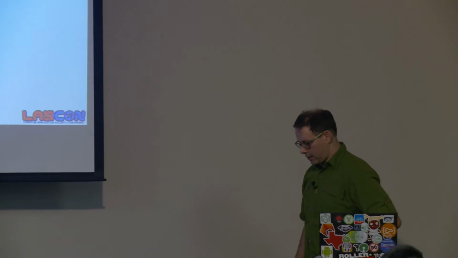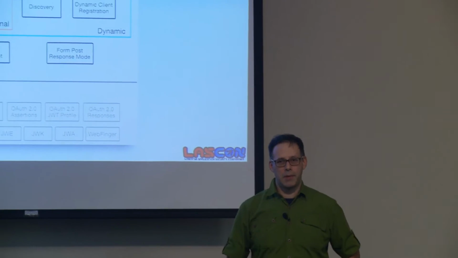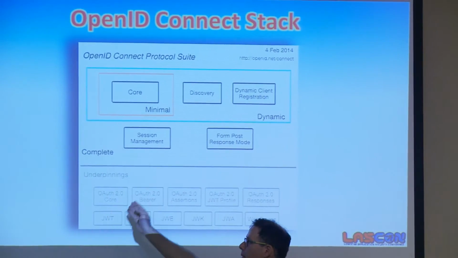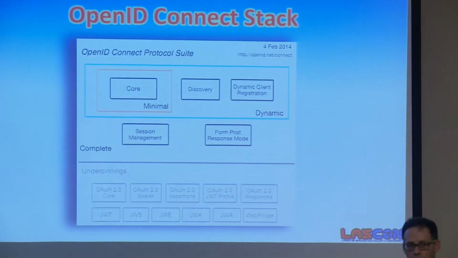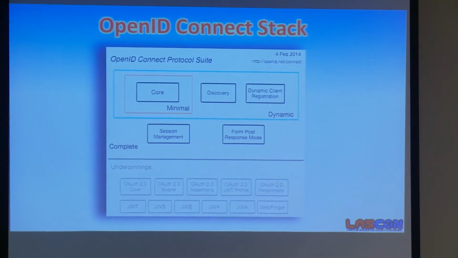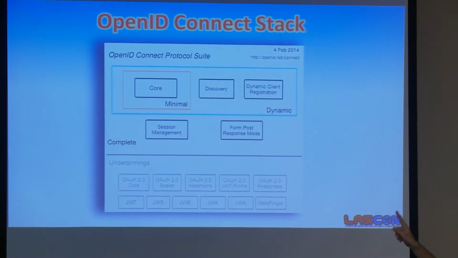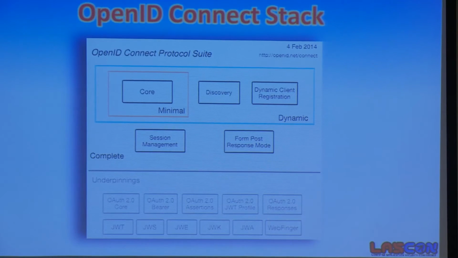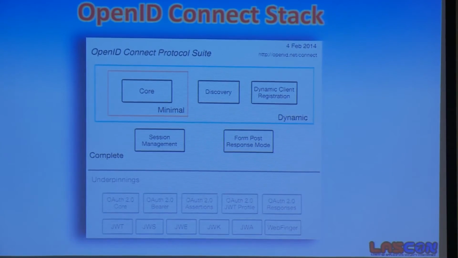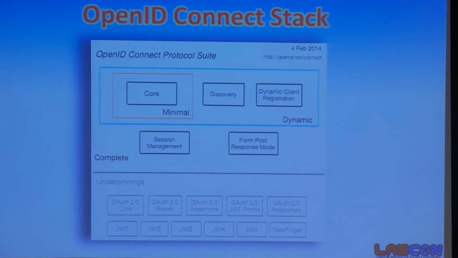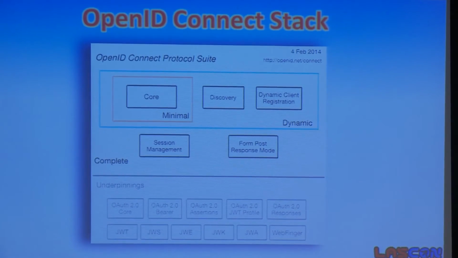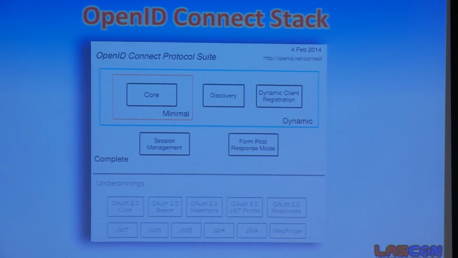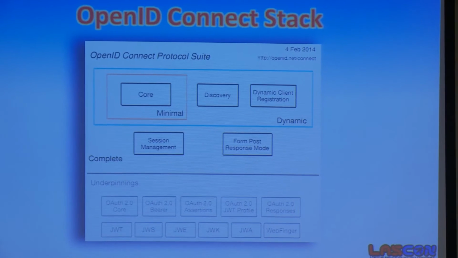So OpenID Connect, this is off their main website, openid.net/connect, and it shows you that it's OAuth 2, but it's also using some of these other standards. So it's using the JOSE suite of standards, that's JSON Web Tokens that we talked about, JSON Web Signing, JSON Web Encryption, JSON Web Keys, JSON Web Key Sets, JSON Web Algorithms, like that whole set of standards, because we didn't have enough certificate, key, and key set standards, we now have a whole new set of them in JSON.